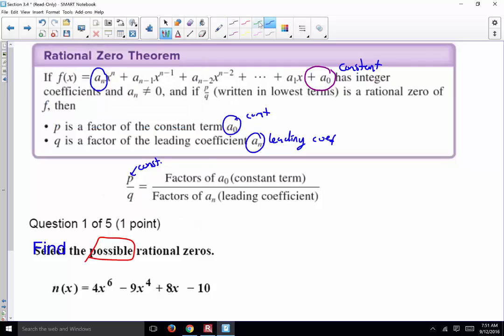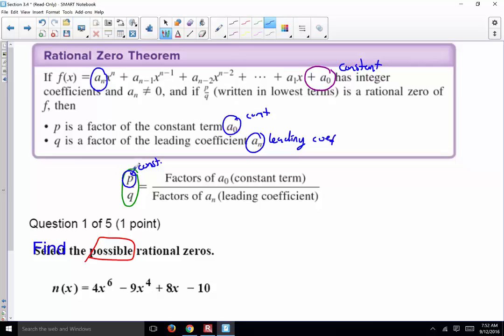Again, this can be a little confusing, but you first determine the last and very first numbers in the polynomial. They are called the constant term and leading coefficient respectively. Then, are we taking these exact same numbers and dividing them? No, we are not taking a0 and an. You see, they call it p over q.